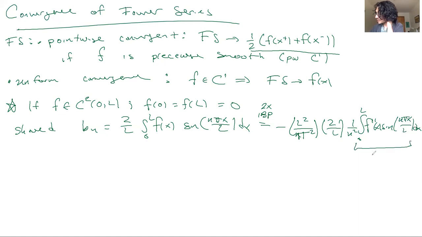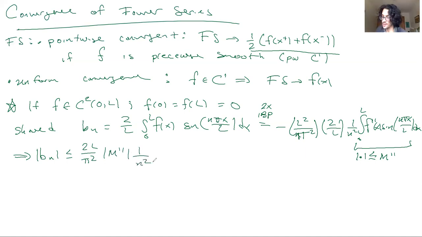And we're going to say that the absolute value of this is less than or equal to something I'll call M prime prime. So then in other words, the absolute value of Bn, we'll say, is bounded from above by 2L over pi squared, M prime prime, 1 over n squared, okay?